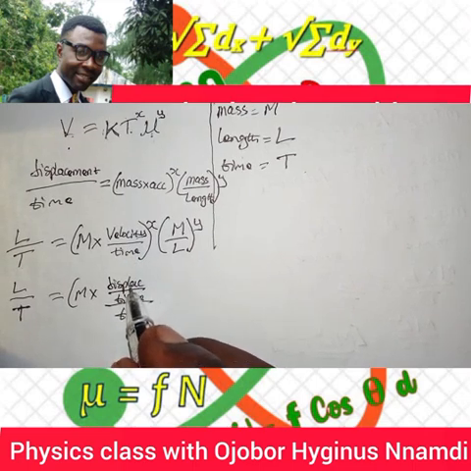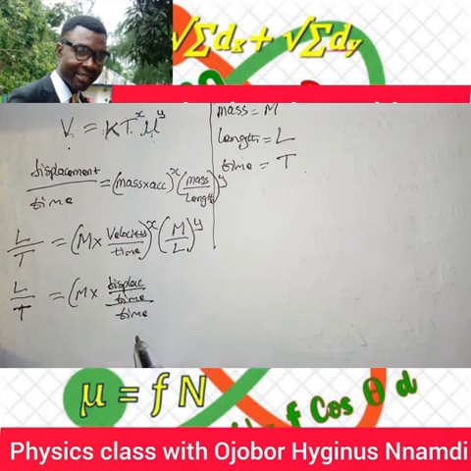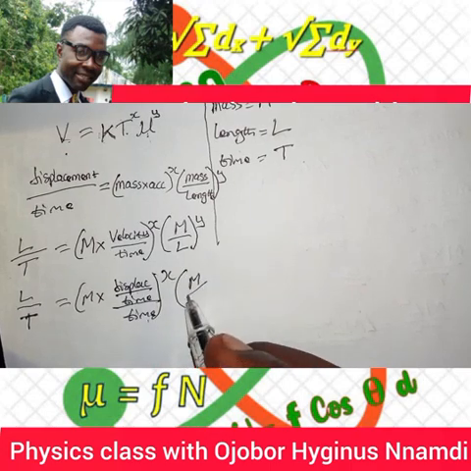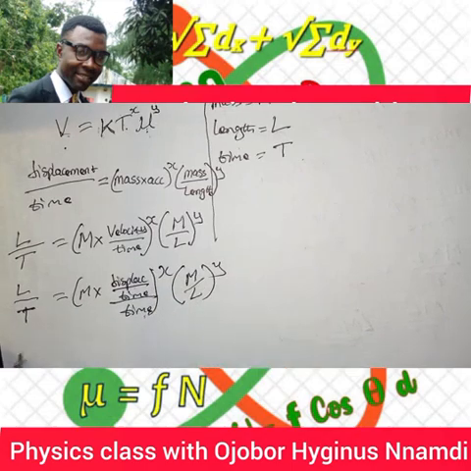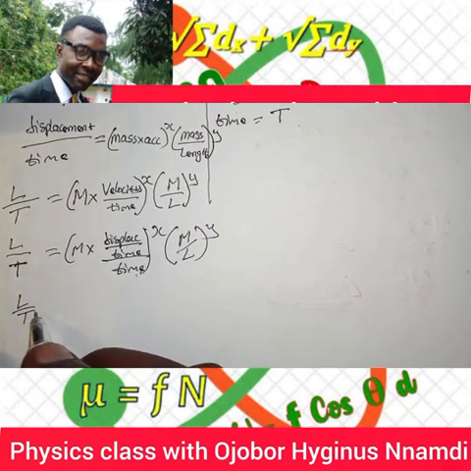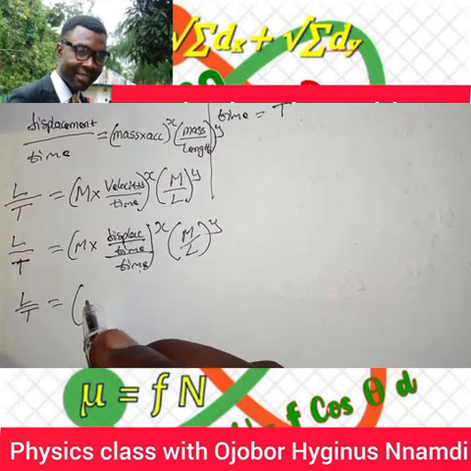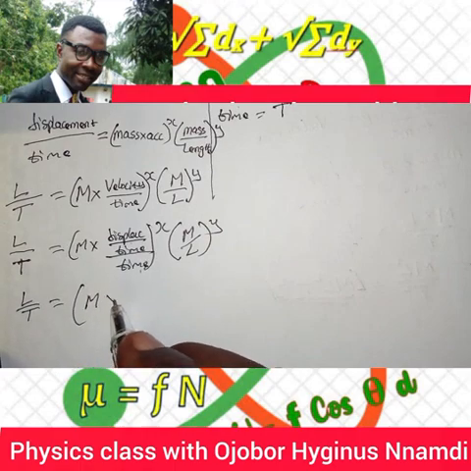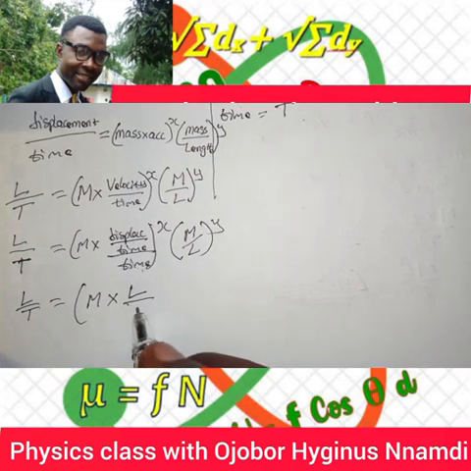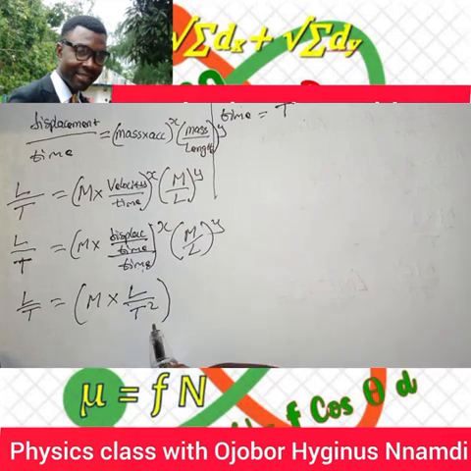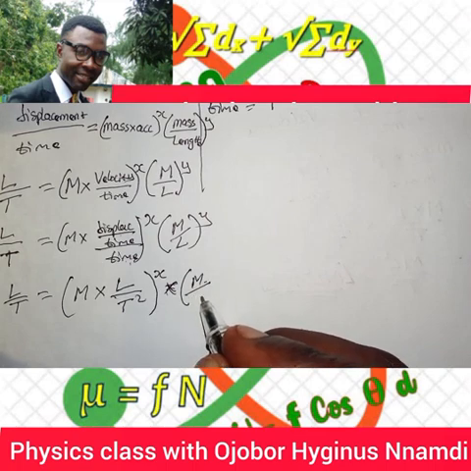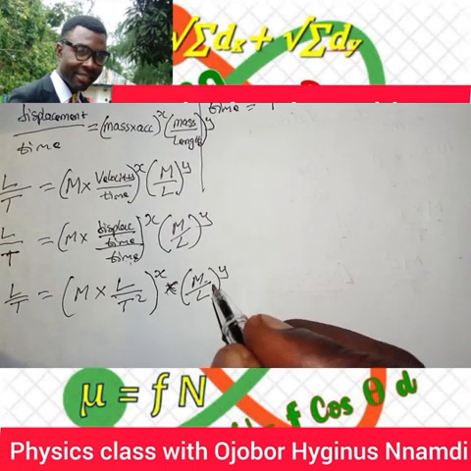So these two represent velocity divided by this time, that is this other time, raised to power x into M over L raised to power y. So we go down again to have L over T is equal to M times displacement is L, T over T will give us T squared, that is time squared, and you have this raised to power x times M over L raised to power y.